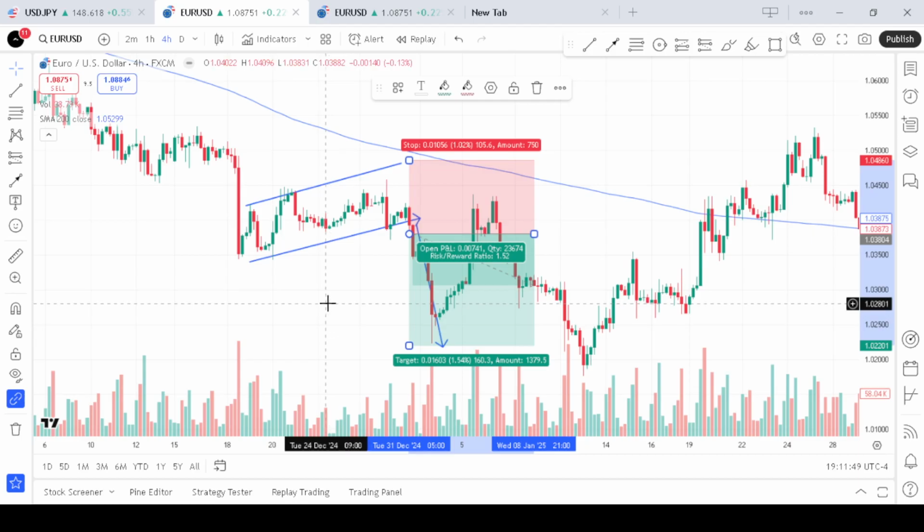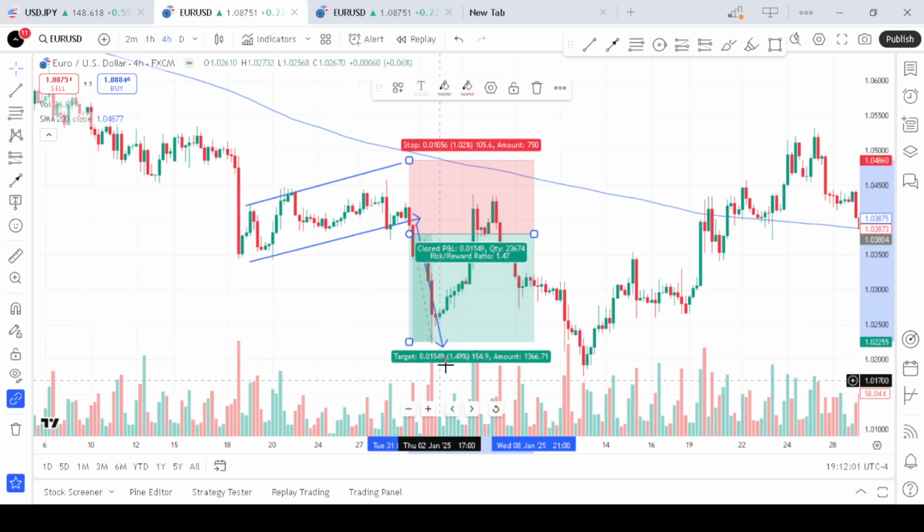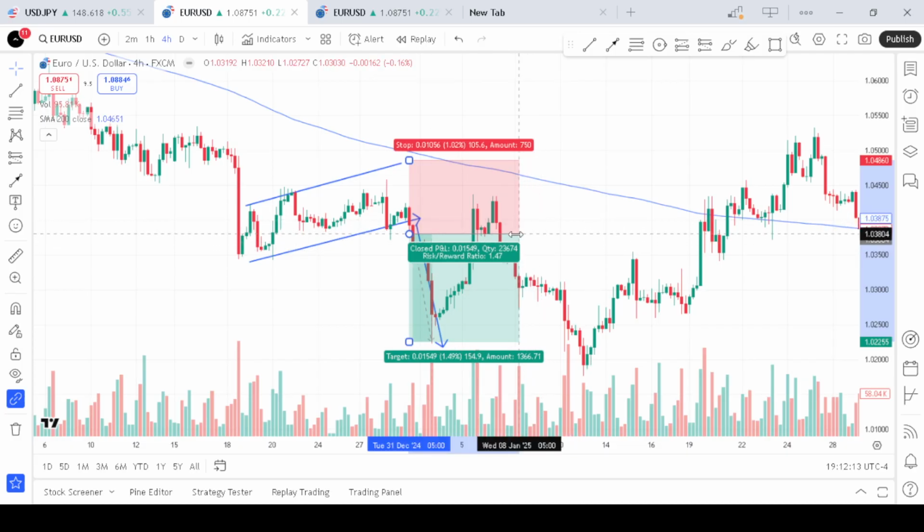However, remain vigilant and be prepared to exit the market in case the market condition changes. So immediately we notice that the market condition is changing or we notice a decrease in volume, we can decide to leave our trade. Remember, successful implementation of this strategy requires patience and practice. You will need to wait for your clear breakout and always adhere to your risk management rules.